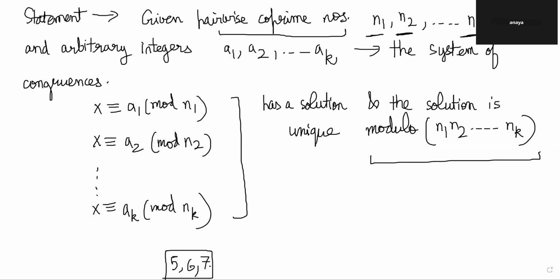So this type of system has a solution, and the solution will be unique modulo this number. This number can be given capital F, which is the product of the moduli. So far in all questions, that's what we are getting. Finally, the answer is coming as a number that is modulo 210 or modulo 105 we got, right?